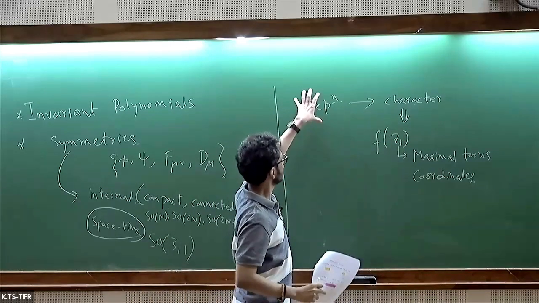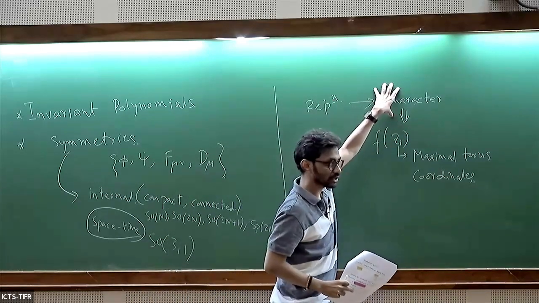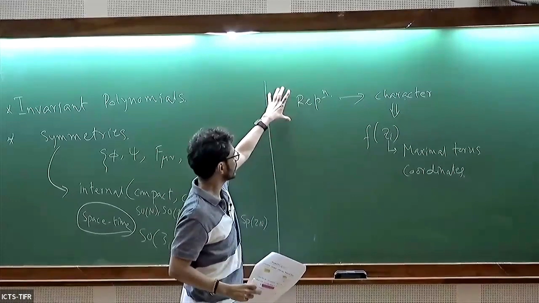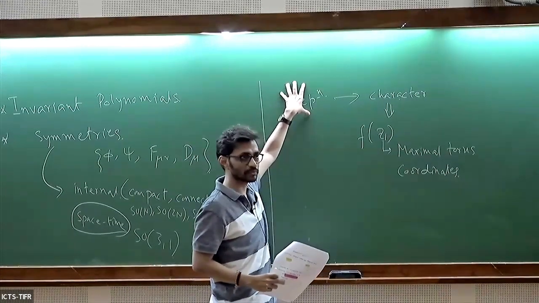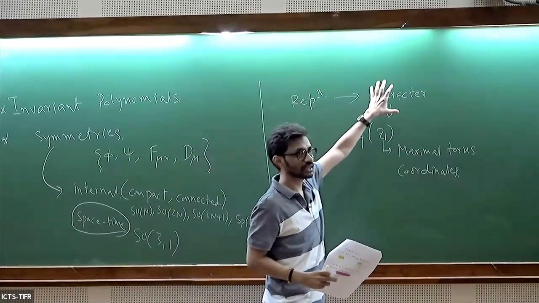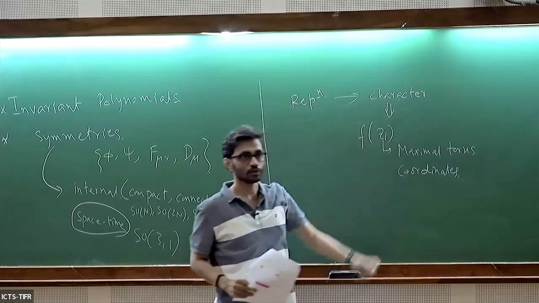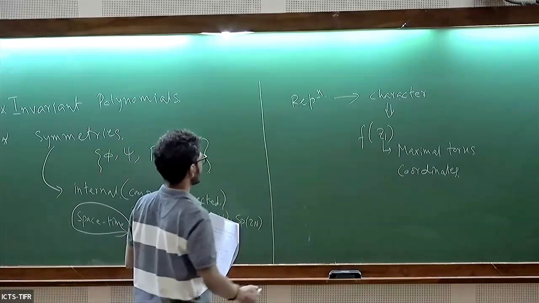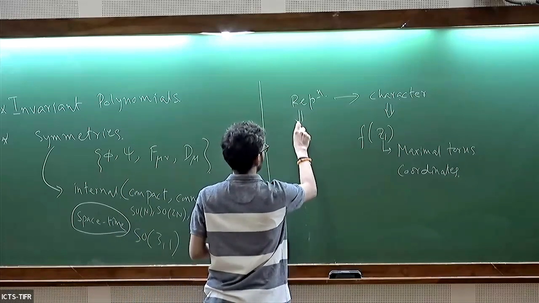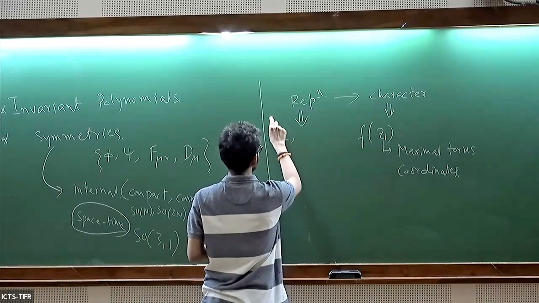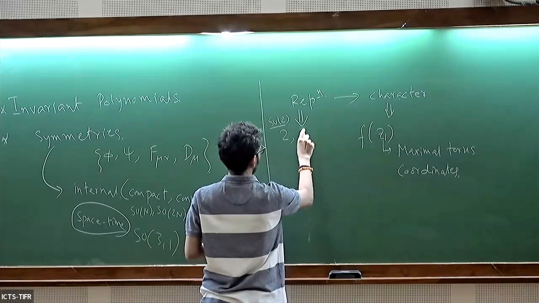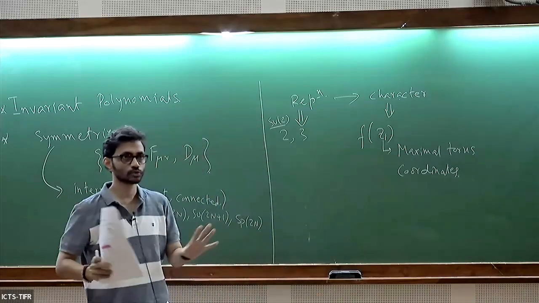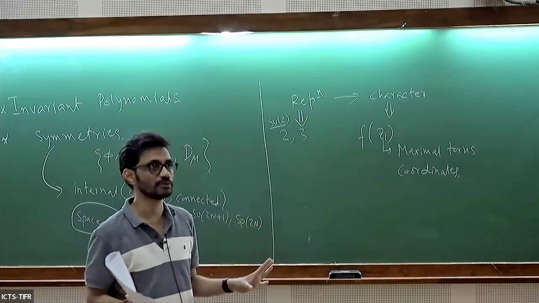Now, if I demand that there is a character function I can calculate for each representation, then I would expect the properties of the representation to be reflected in the characters. So in between, we'll try to cross-check and cross-validate this statement. For example, if I take two representations, say SU(2) 2-dimensional and 3-dimensional, these two representations are independent from each other.